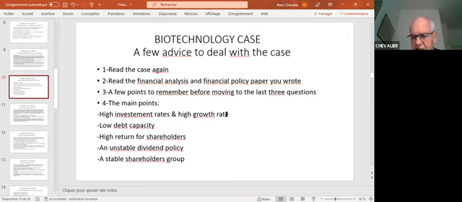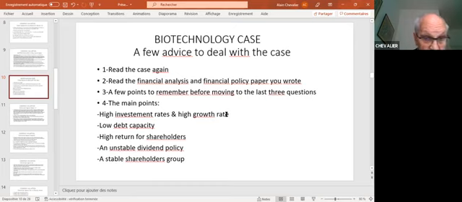First, spend time reading the case again. Probably it was a few weeks ago and you've completely forgotten, but probably after one or two new approaches to a case, you will remember clearly and be ready to deal with a different question. Read again the financial analysis and financial policy papers you wrote.